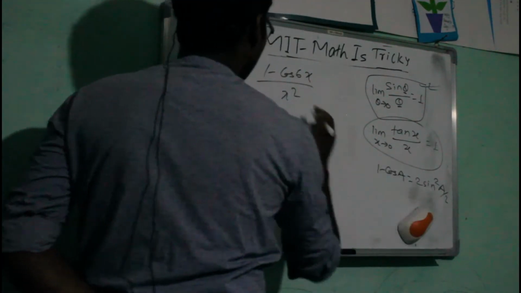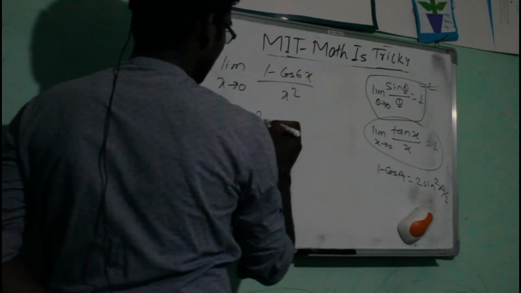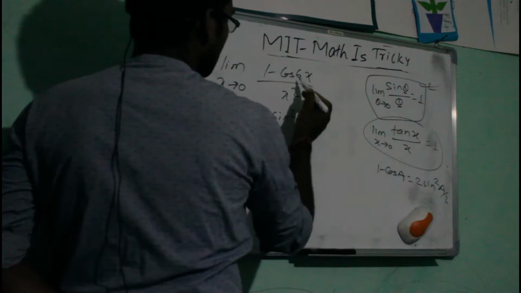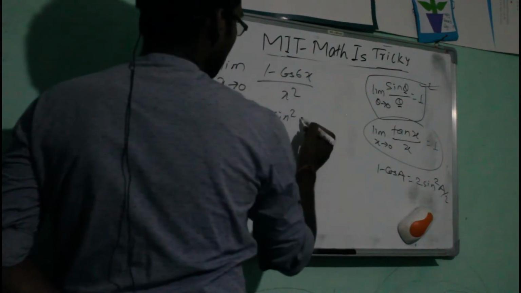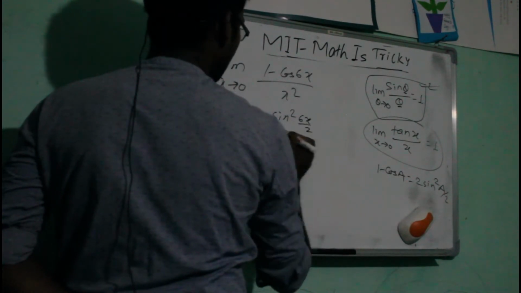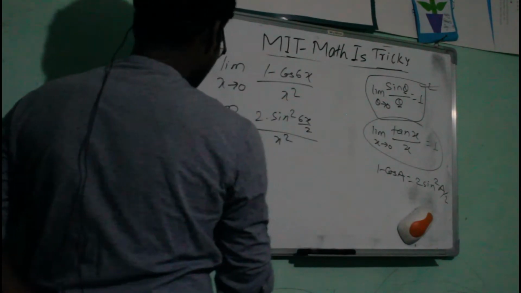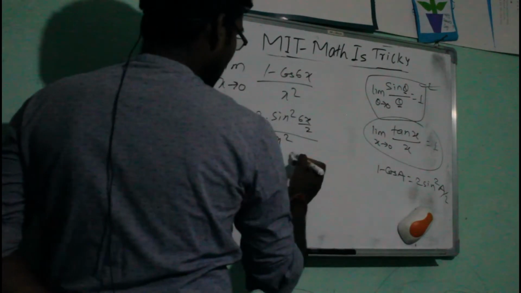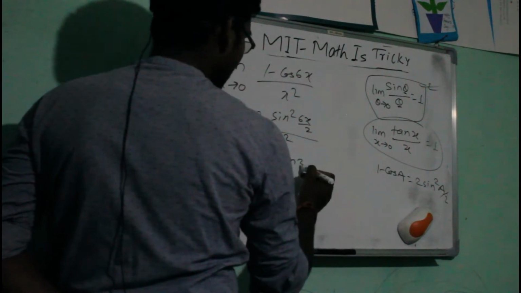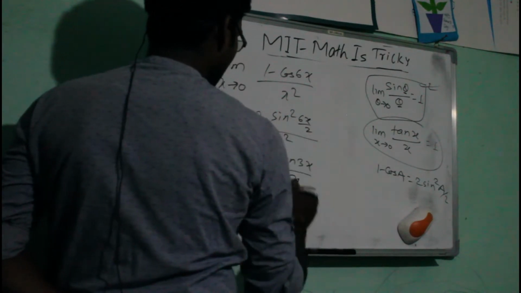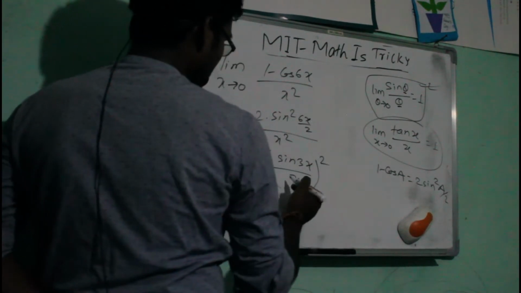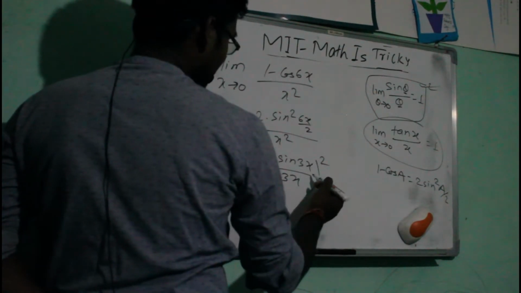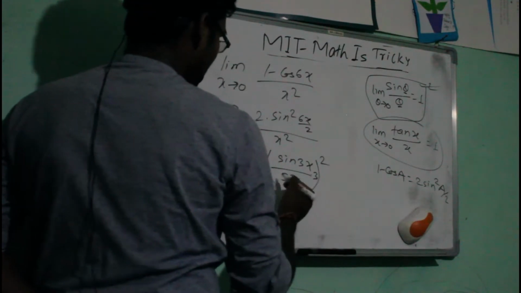So using this formula we can write this as 2 sine square, where a is 6x, so it will be 6x by 2, and x square is here, so we can write limit x tends to 0, 2 times sine 3x by x, and I'm putting it in whole square form. To use the formula, we have to manage this, so put 3 and 3 so that it will be cancelled.